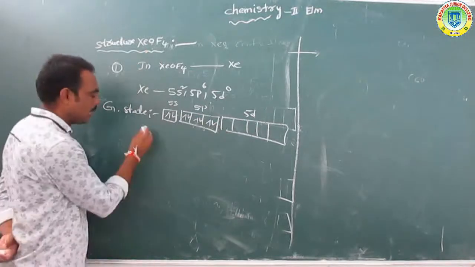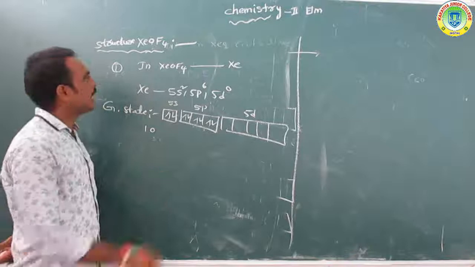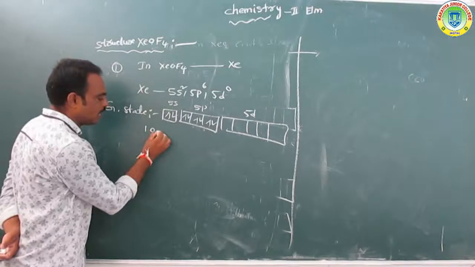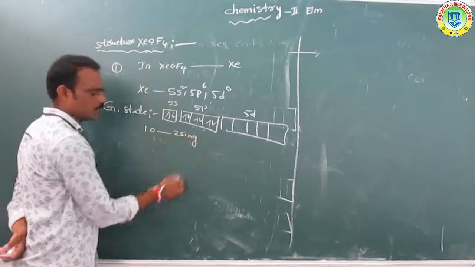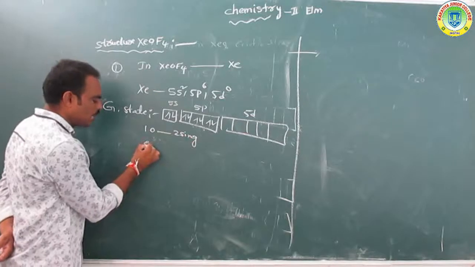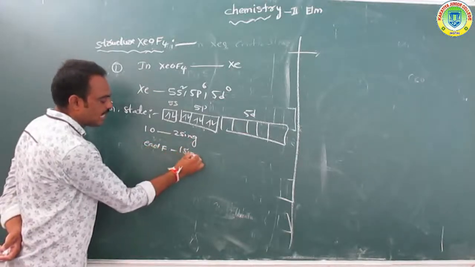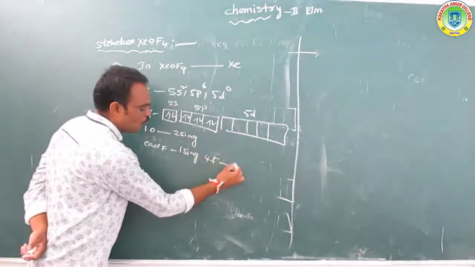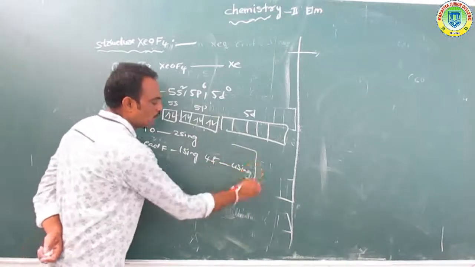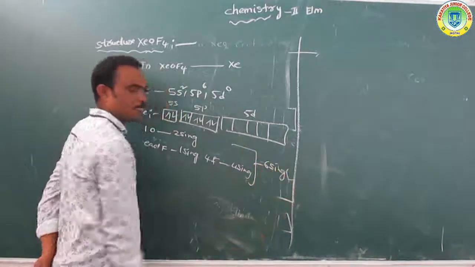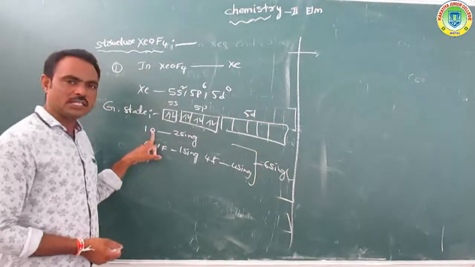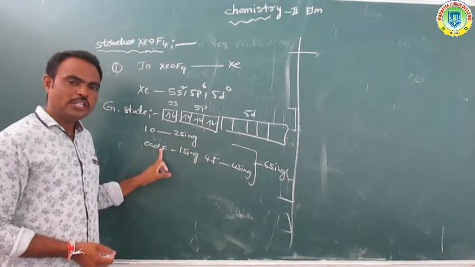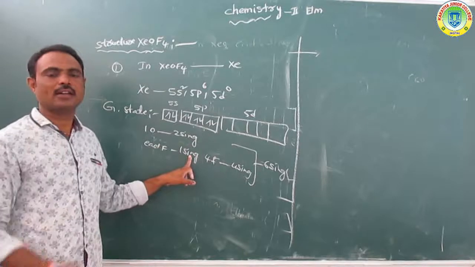XeOF4 contains 1 oxygen atom and 4 fluorine atoms. Each oxygen atom contains 2 single electrons and each fluorine atom contains 1 single electron.